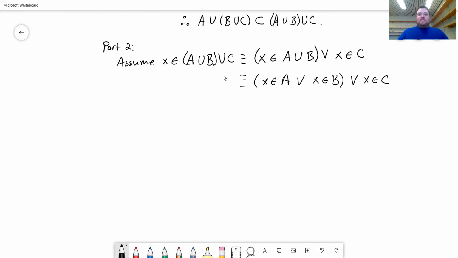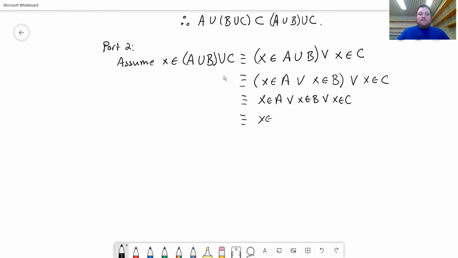And now we can use our associativity rule with respect to ORs, and we get X is an element of A, or X is an element of B, or X is an element of C. And from there, we can rearrange the brackets, or add brackets rather, to the first two terms.